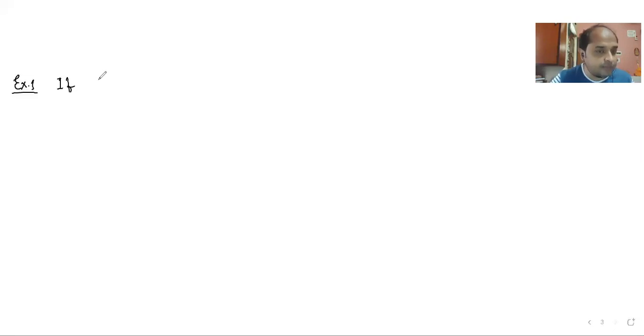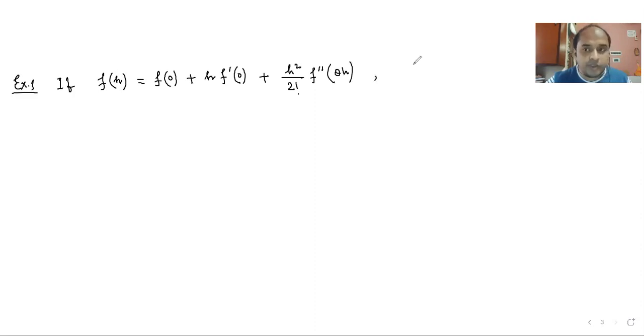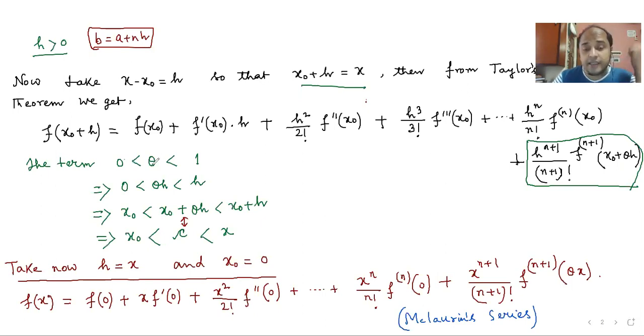If f of h is equal to f0 plus h f dash 0 plus h square by 2 factorial f double dash theta h, where 0 less than theta less than 1. Theta is any real number between 0 and 1.